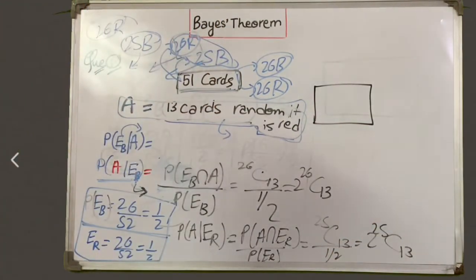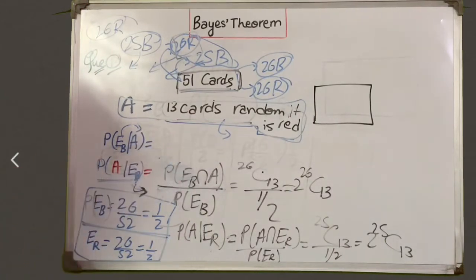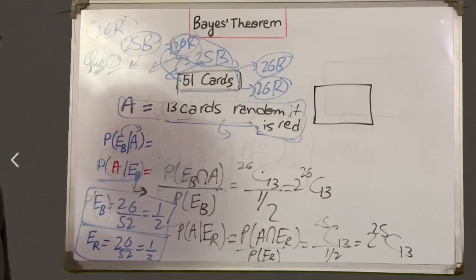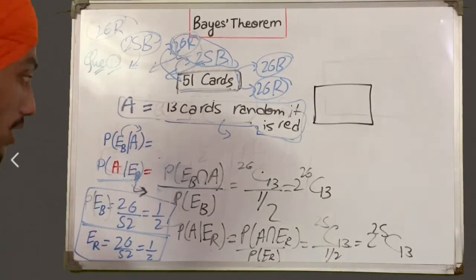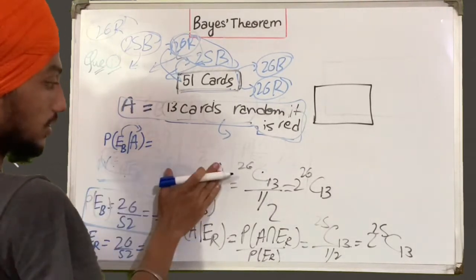So now we're going to find the probability of this thing, which we have been given. In this question, it is said that the first 13 random cards drawn are red. So then what's the probability that the missing card is black? Now we're going to look at the main part of the question.